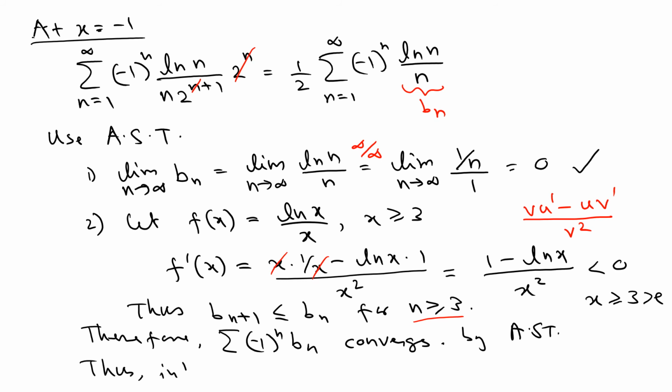Thus the interval of convergence is open at negative 5, closed at 1. So that's what happened, and I hope this kind of problem will help you for many problems, because we talked about how to use the alternating series test and how to use the direct comparison test. There are many things that you see in this one problem.